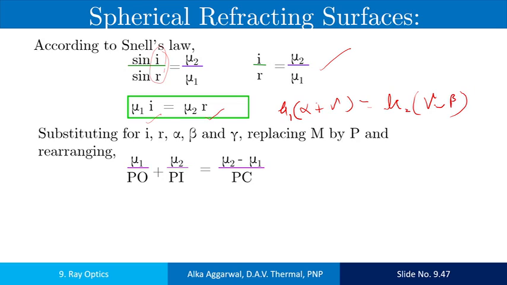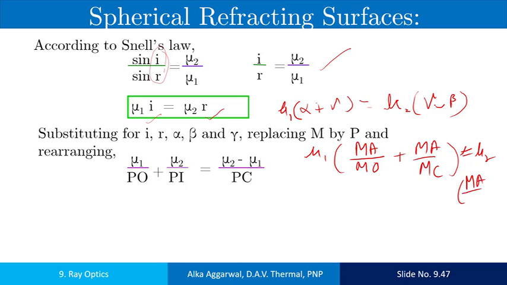As alpha is equal to MA upon MO, gamma is equal to MA upon MC, and beta is MA upon MI, we put the values of alpha, beta and gamma.